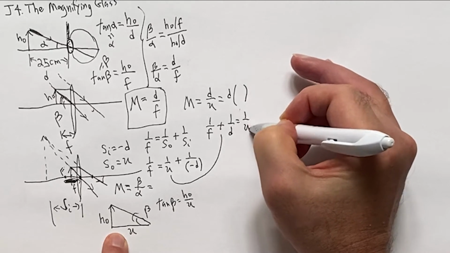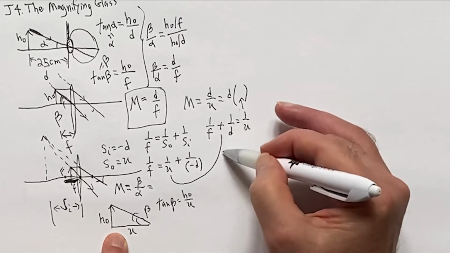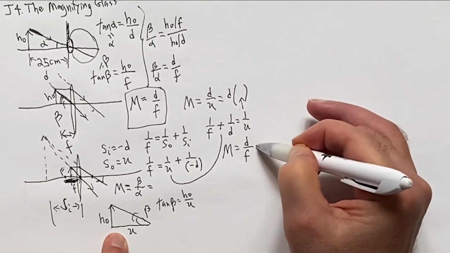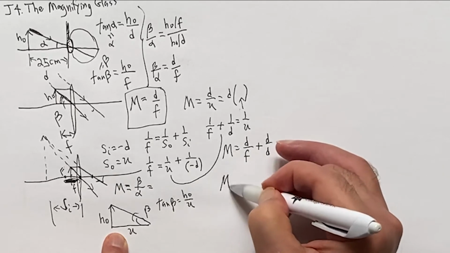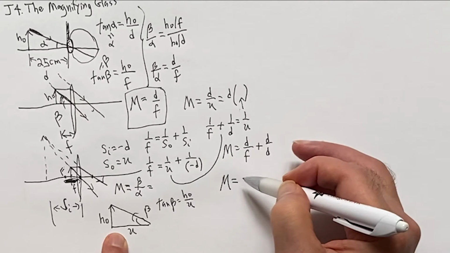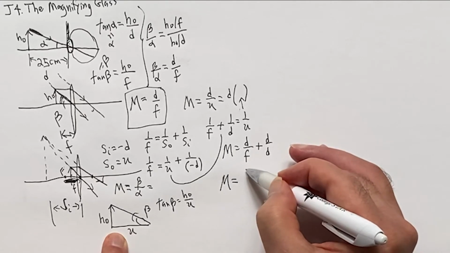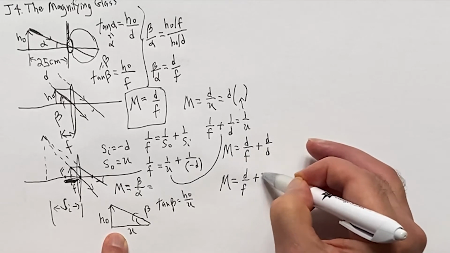This is 1 over U. I want that in here. So when I multiply by the D, I then get D over F plus D over D. And this is the famous equation for the magnification, which is like your optimum magnification. It's what we had before, D over F plus 1.